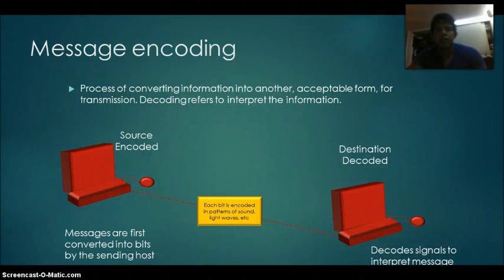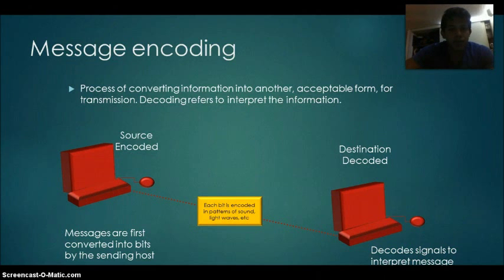Well, first there's the message encoding, and this is the process of converting the information that you see into another form that is acceptable to be sent or transmitted through the media you're sending it on.